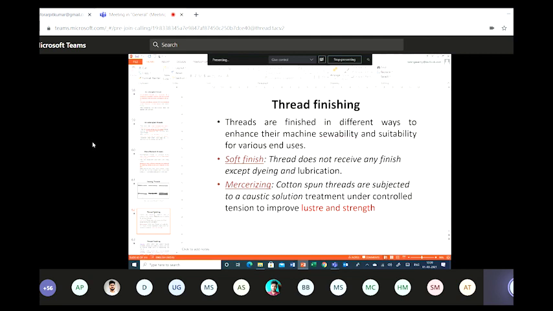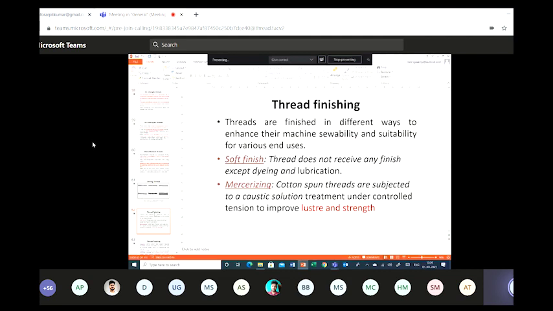So it depends on the application. The threads are given some sort of finish, okay, mechanical finish, chemical finish, or a combination of many chemicals. Basically, chemical means a formulation. Okay, formulation means a number of chemicals.